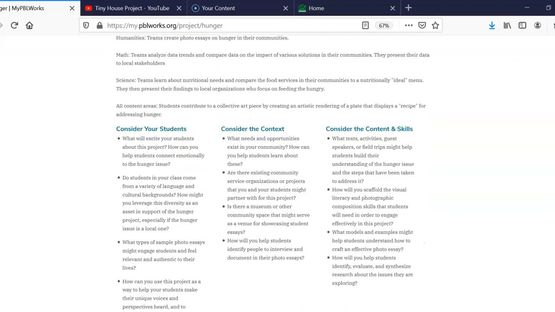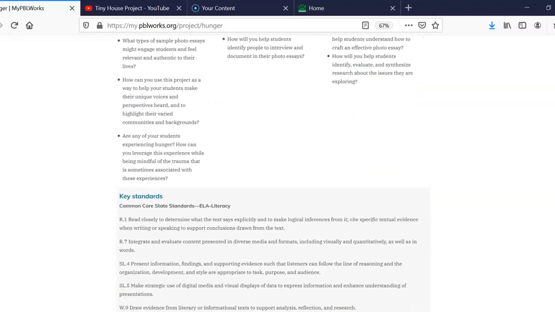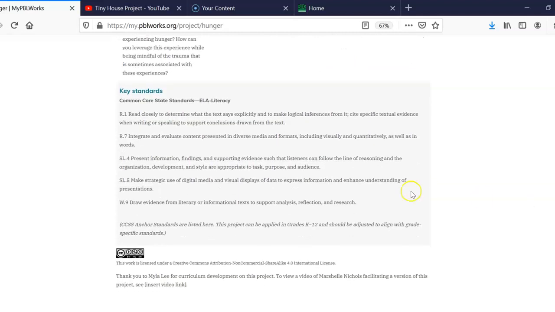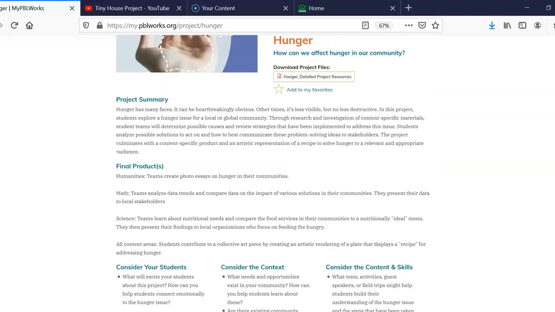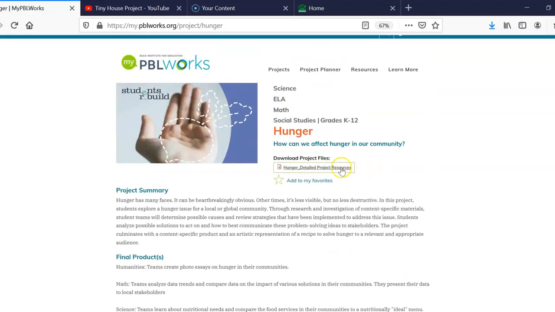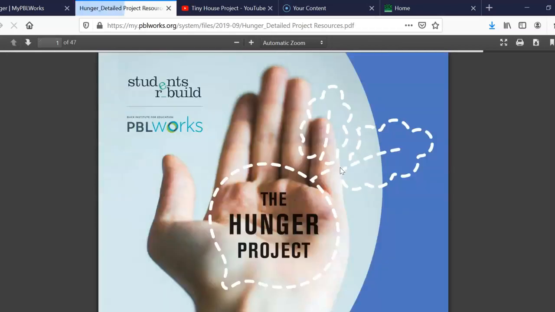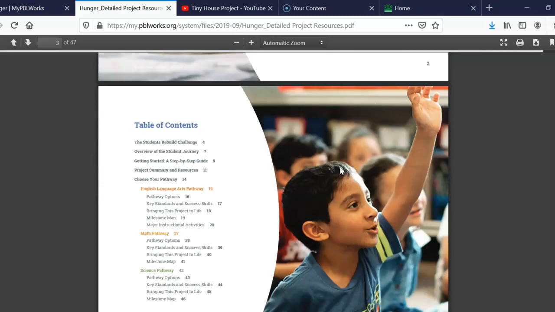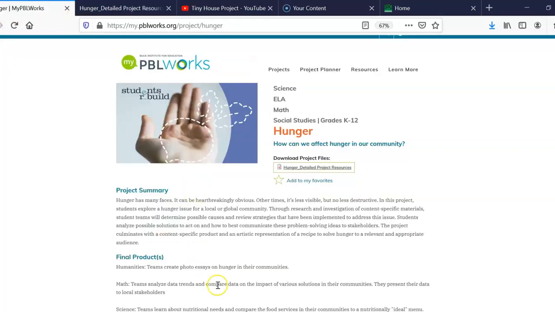And every one of these projects has all of this information. These are the key standards for ELA and literacy. And then they include here some resources that you can use with this project. This is one of the more fleshed out projects that they have on here. So that's super detailed. Not all of them are going to be that way.